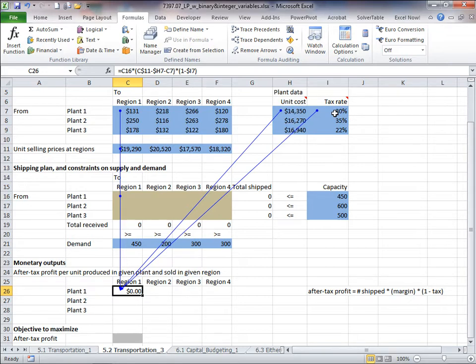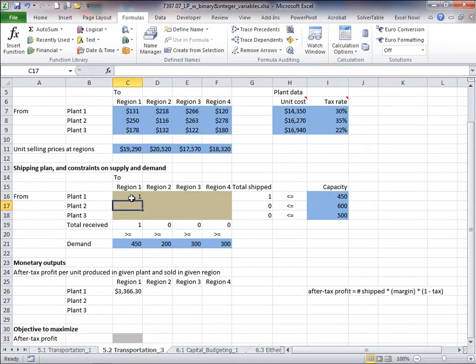Well, what's my quick and dirty way of proving whether or not it's right? Put a 1 in there, sure. So if I put a 1 in there, I get 3366.30. So let's just do the math over here, all right? Here's my selling price minus my production cost minus my shipping cost.